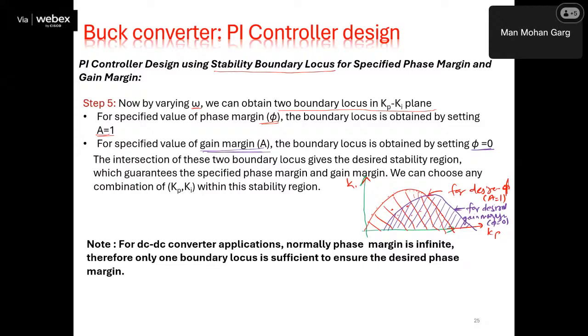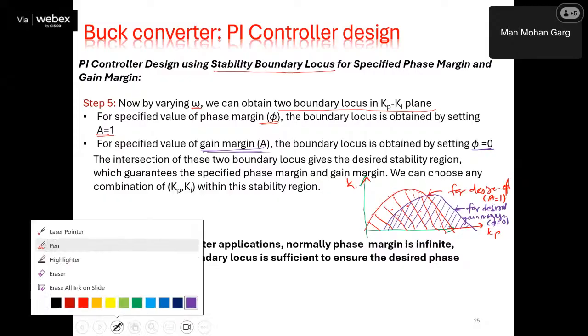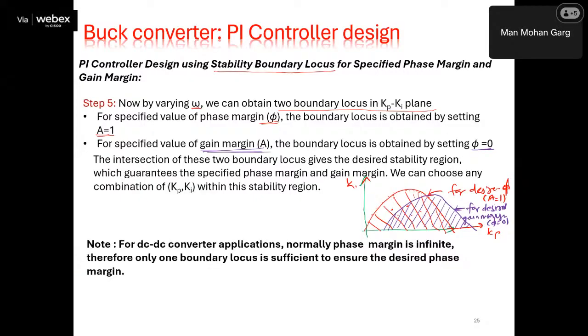But if I want my system to have a phase margin of at least phi and a gain margin of at least A, then what do I need to do?